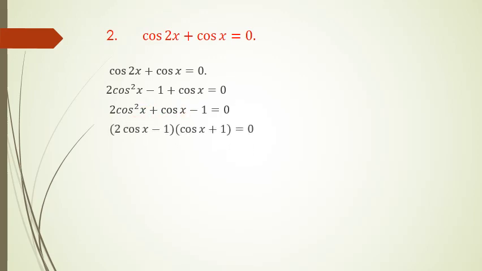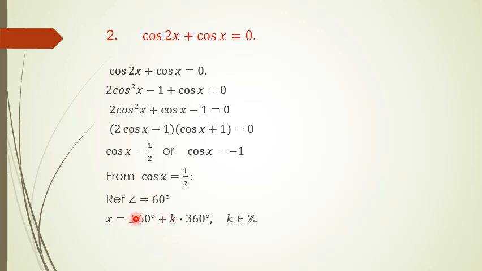Then we factorize. The factors are 2 cos x minus 1 into cos x plus 1 equal to 0. Giving us from this one cos x equal to half, and from this one cos x equal to minus 1. From cos x equal to half, the reference angle is 60 degrees.